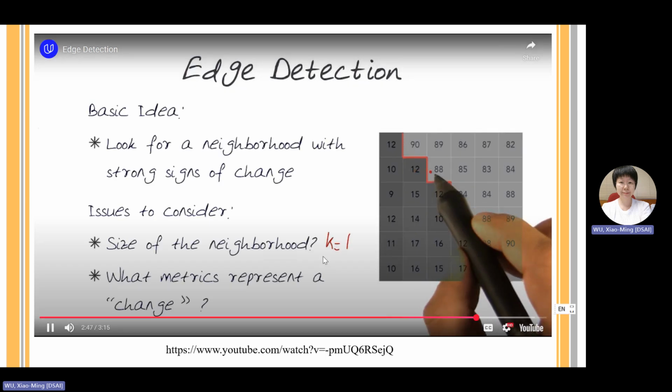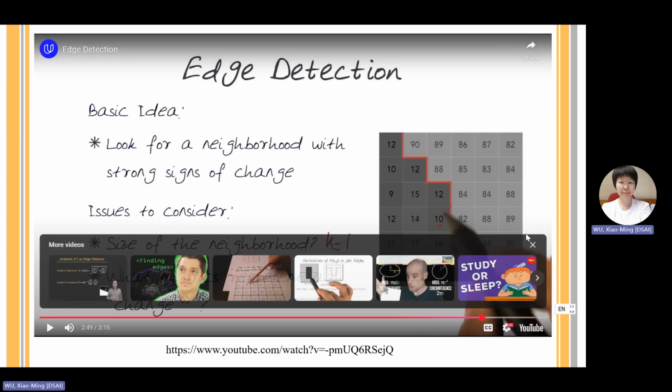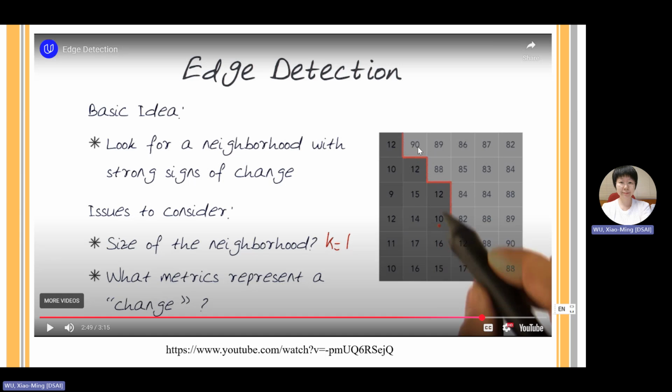So let's look again. Pixels with differences higher than some threshold are considered edge pixels. On the contrary, these pixels are not edge pixels because their differences are lower than some threshold.